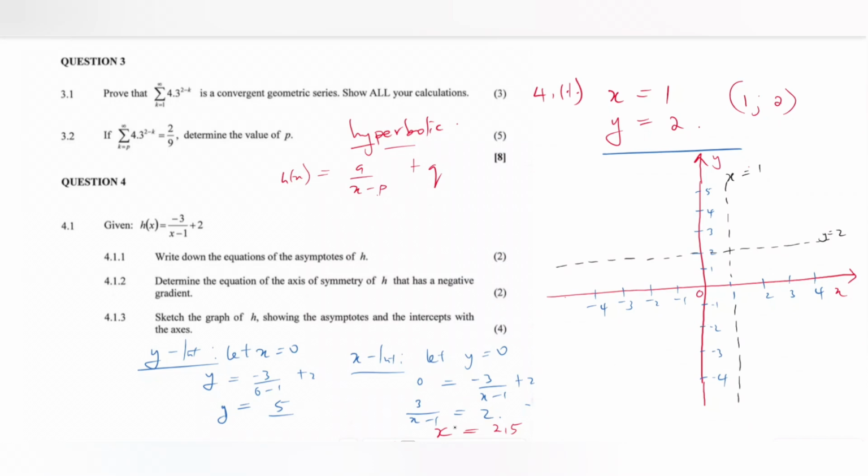Then x-intercept and y-intercept. Our y-intercept is 5. I'm going to mark it there. Then our x-intercept is 2.5, which is somewhere here. So our graph will be drawn in between the asymptotes. So it's between this y and x asymptote. So it will be like this.